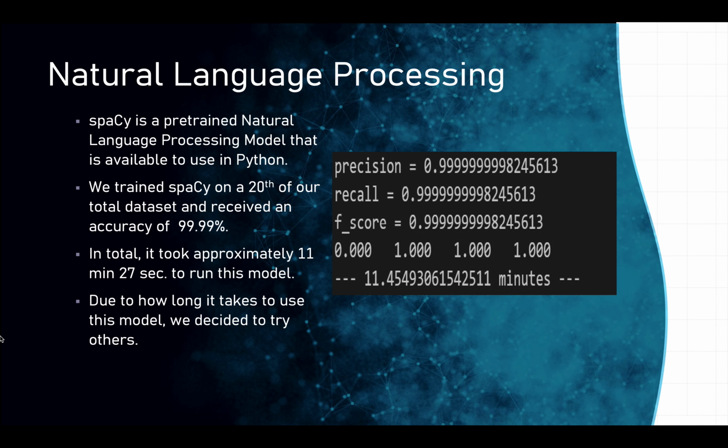In total, it took approximately 11 minutes and 27 seconds to run this model. That is why we only ran it on a 20th of our total data, due to how long it took to train. And because, again, of how long it took, we decided to try other models to see if we could find something better.